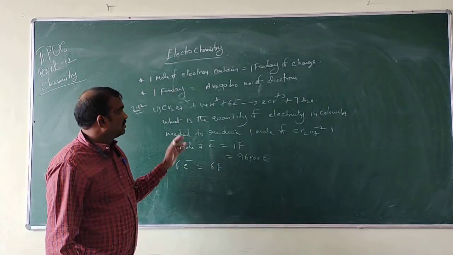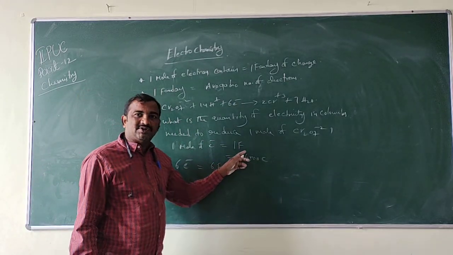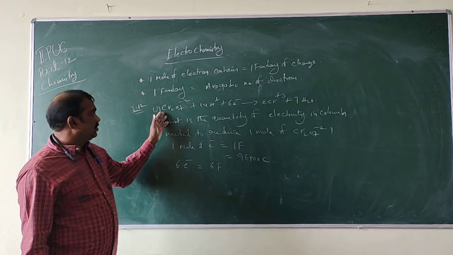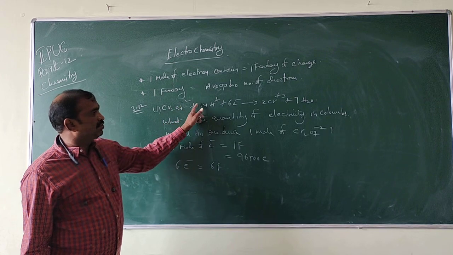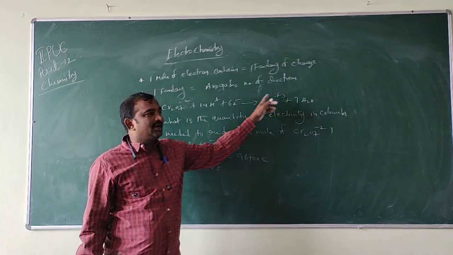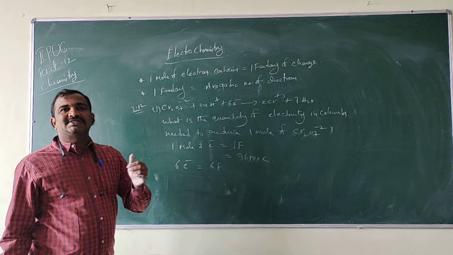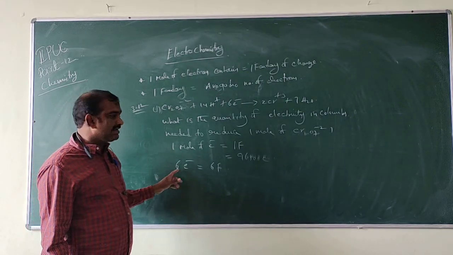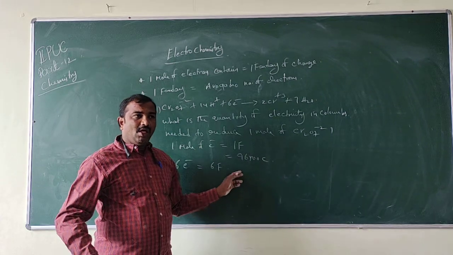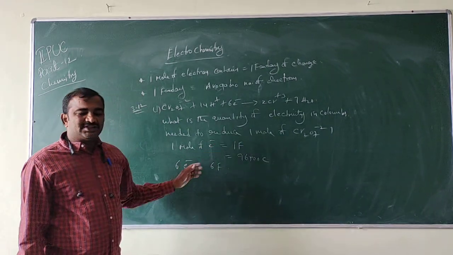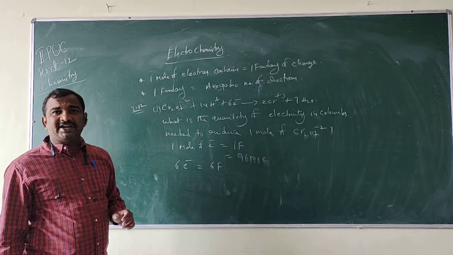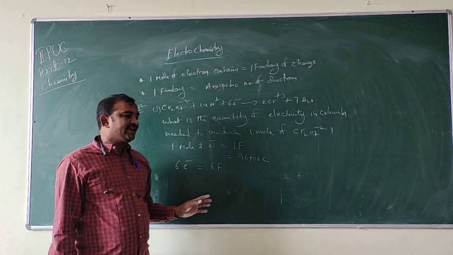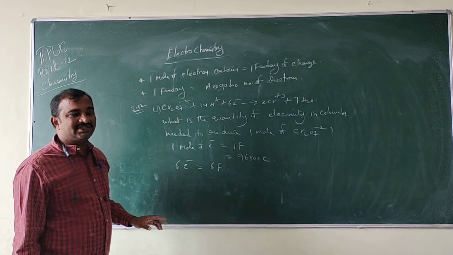Have you understood? So for 6 electrons, 6 Faradays are required.